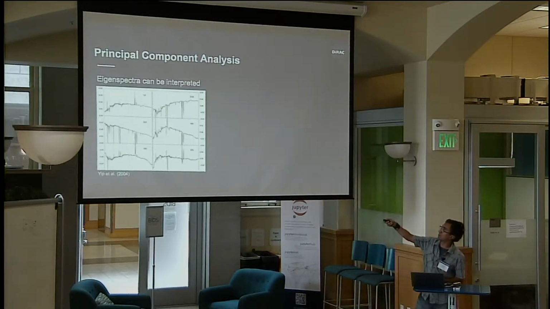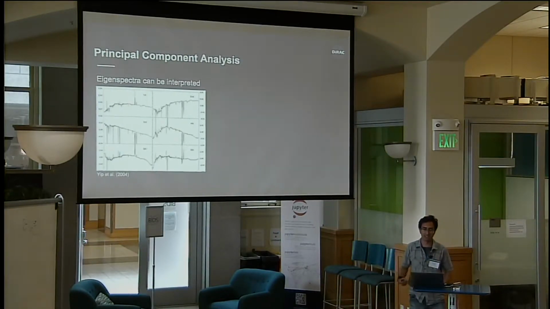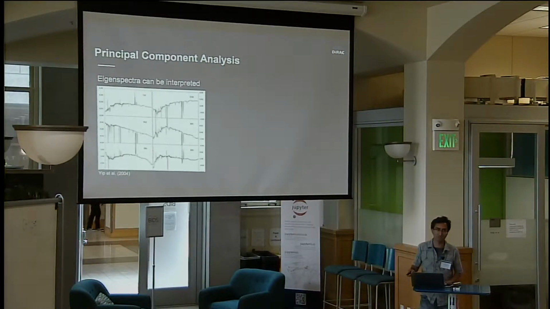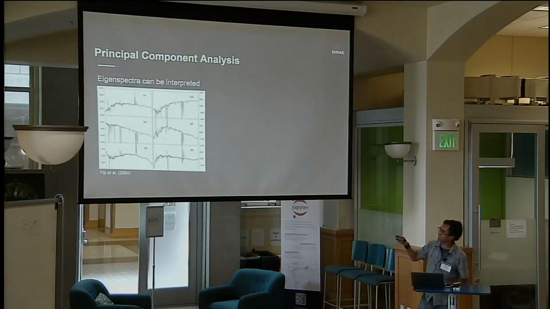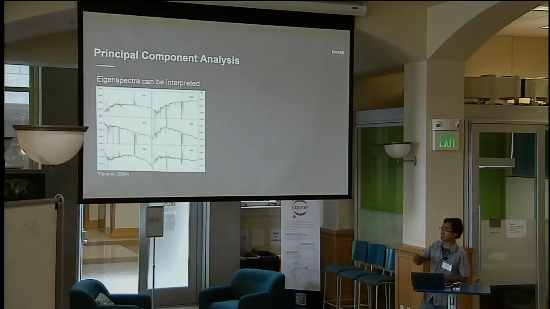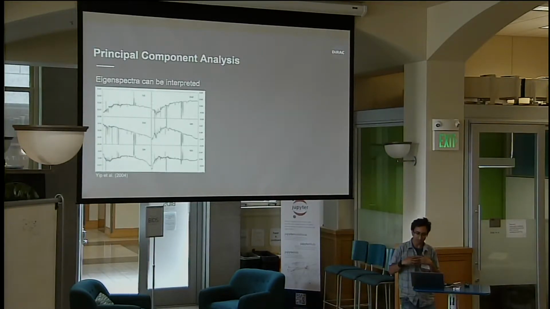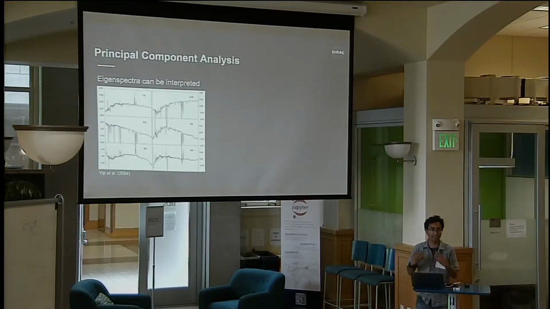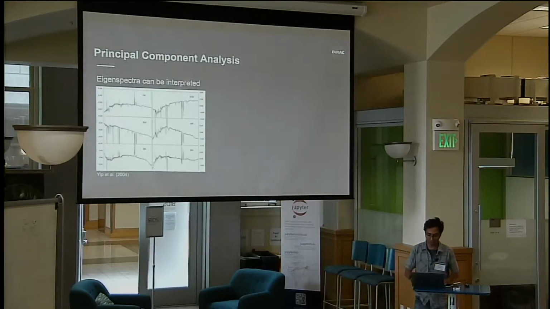If this component is increasing, you're just adding this eigenspectrum in with some linear coefficient. But it might get more difficult to interpret exactly what each of these components are doing as you get to higher orders.